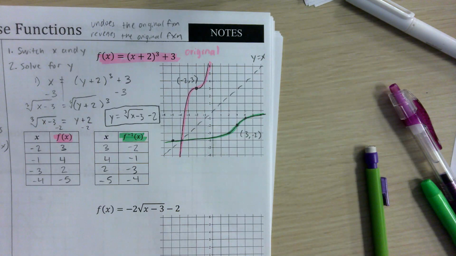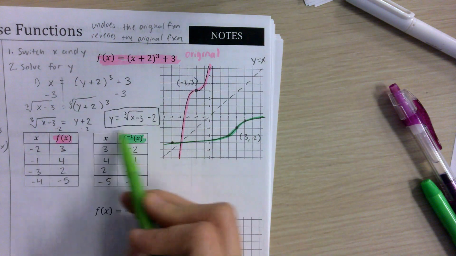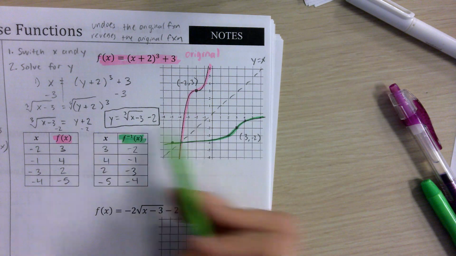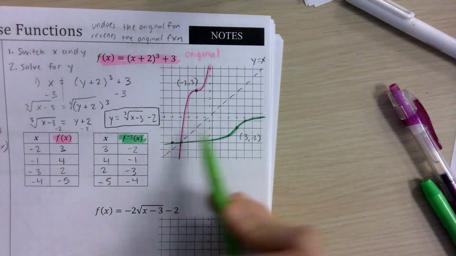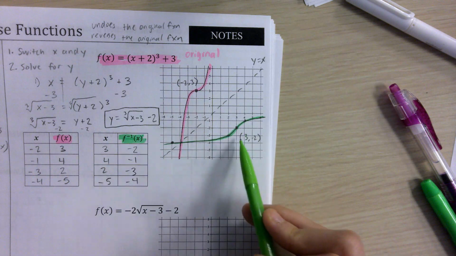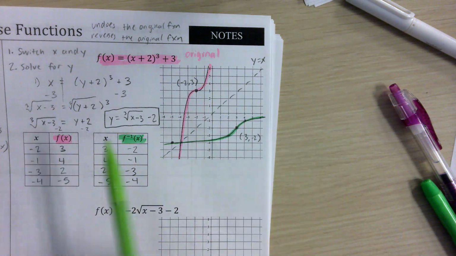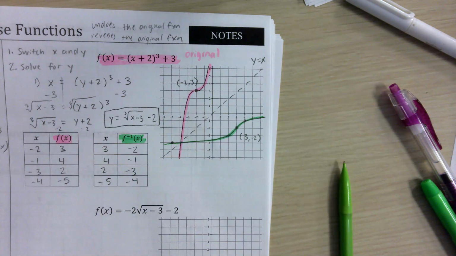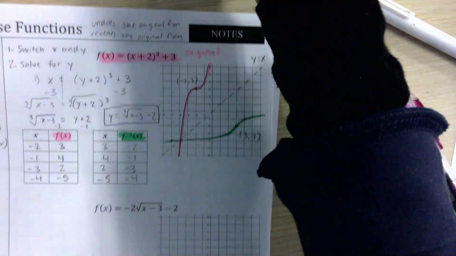And if you were to graph this from scratch, a cube root would look like this, and then we just shifted it. We shifted it 3 to the right and 2 down. So you can go back to your original parent functions and try to graph them. All right, let's take a look at another example. This is just something where you need lots of examples.